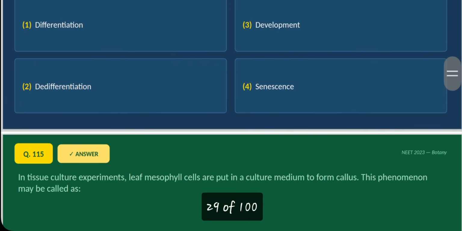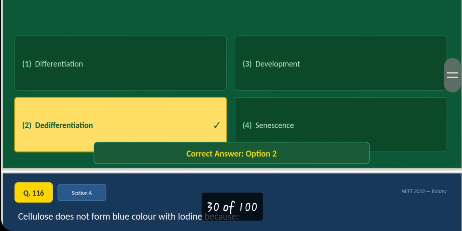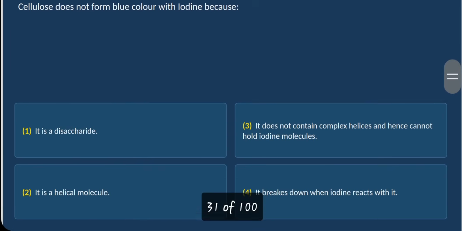The answer is de-differentiation. De-differentiation is a process of conversion of the permanent cells into meristematic cells. Callus rapidly undergoes cell division, so de-differentiation.